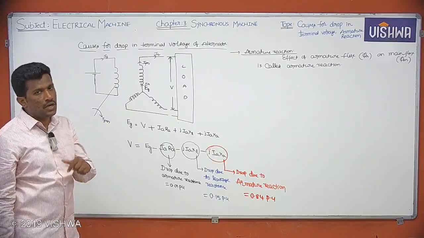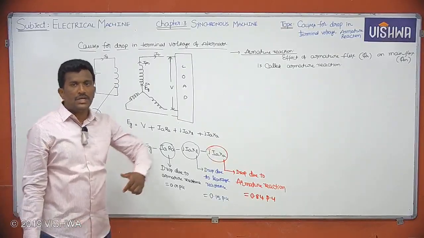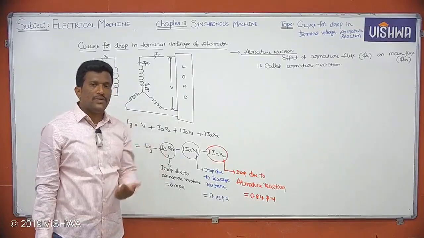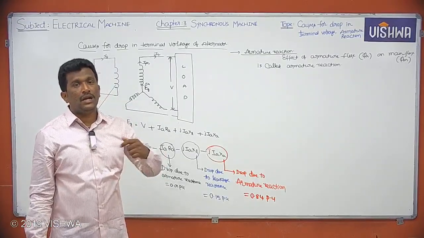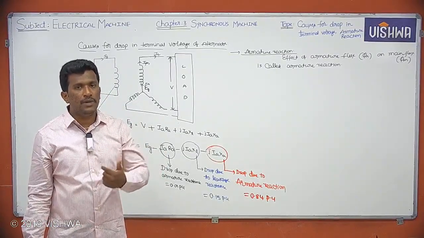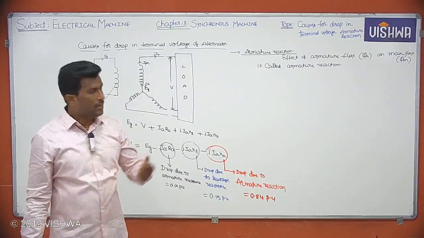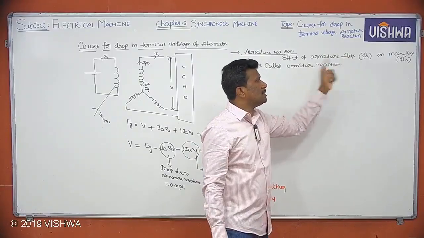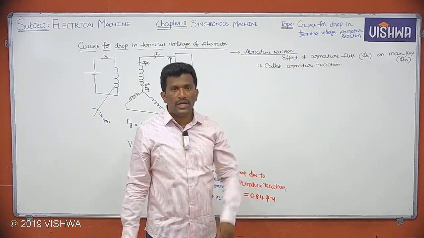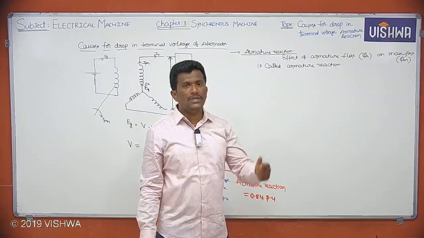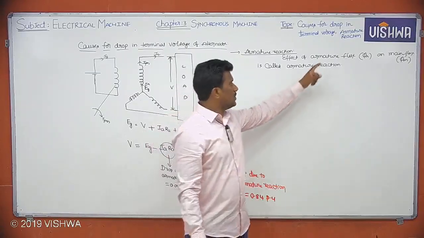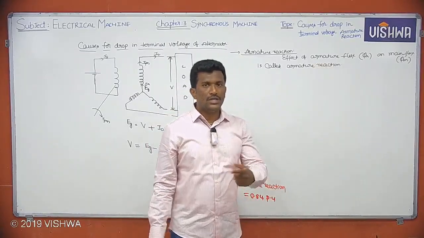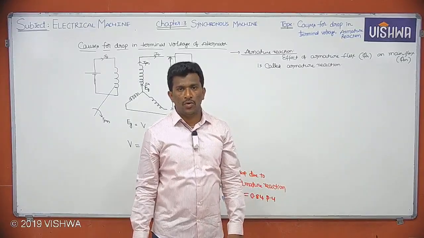Armature flux is due to armature current. Whenever armature current is 0, what is the armature flux value? 0. That means under no load condition, do you have any armature reaction effect? No. Because armature reaction is the effect of armature flux on main flux. Under no load condition, Ia is 0, so armature flux will be 0. Therefore, there is no effect of armature reaction under no load condition.